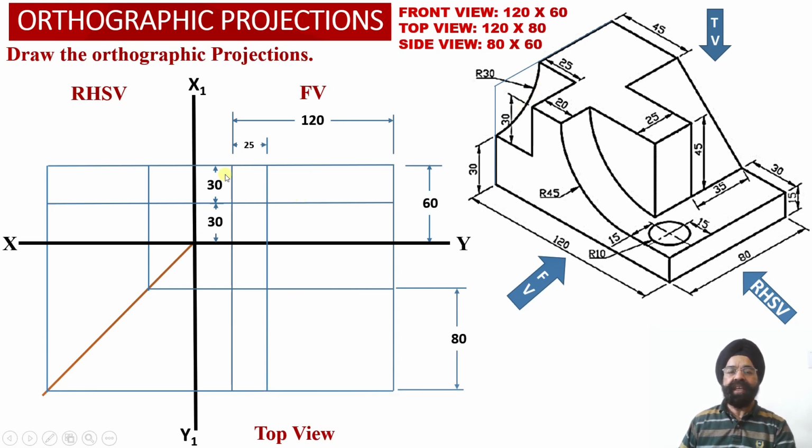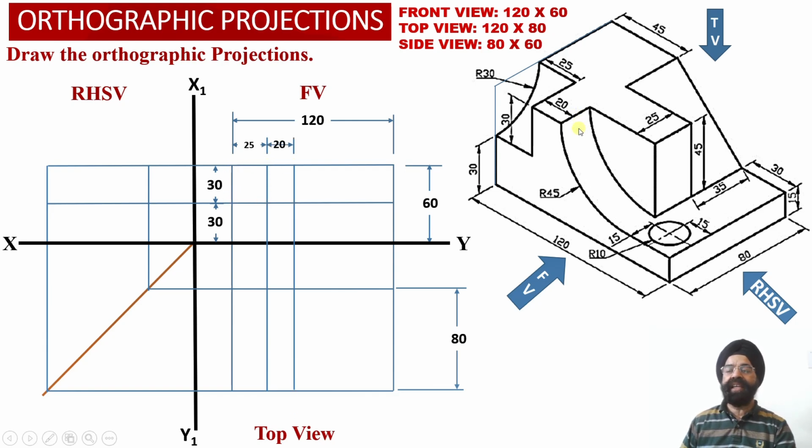Now with this we have been able to obtain the apparent shape projections corresponding to this circular cut section, which is perpendicular to the front face of the solid, into the front view projections. Therefore, this circular cross section will be visible to the observer in the front view projections as an apparent shape rectangular projection over here.